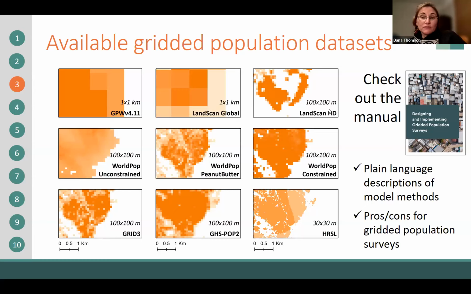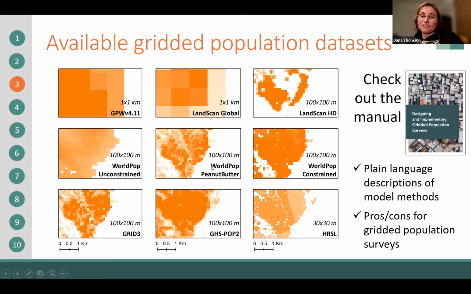I have seen this used very successfully for refugee settlements in Uganda, where populations are given. Uganda has a pretty unique migration and refugee policy where they designate areas for different refugee populations to settle. So it's basically like a village that is predominantly people from a particular background who are refugees. In those cases, the WorldPop peanut butter data set was used.